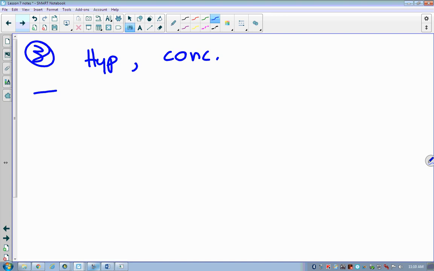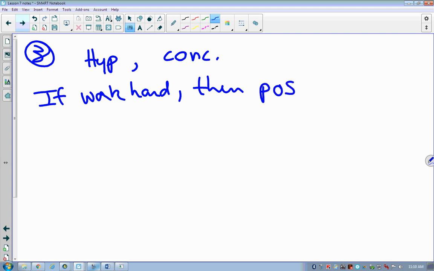So if, I'm going to shorten this, work hard, then the conclusion is what it says? Find position. Then there's a position. Work hard, hypothesis, then conclusion.